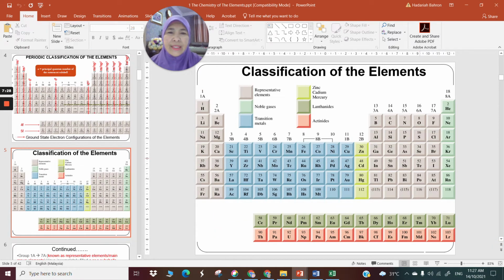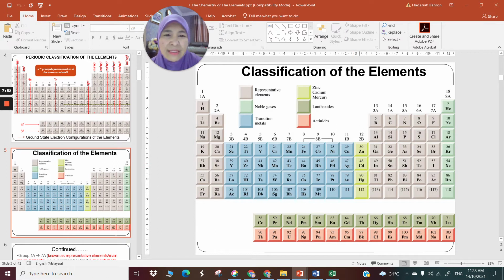Right. On the classification of the elements, of course, the S block here, we call them representative elements. The D block here, we call them transition metals. This yellow is actually in the D block, but they are not quite transition metals.